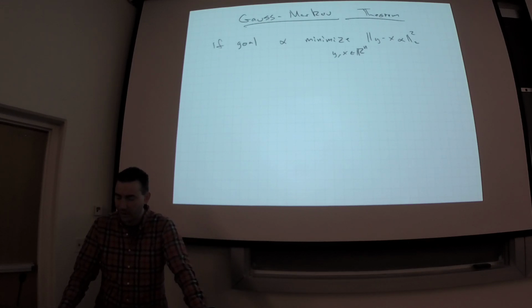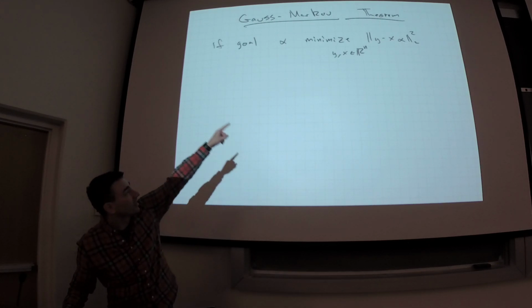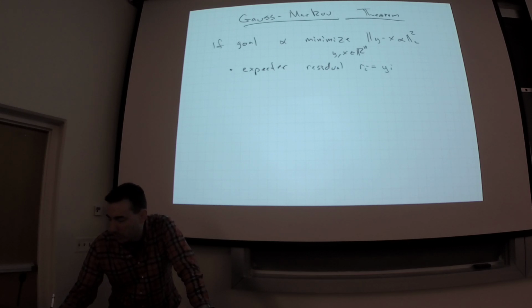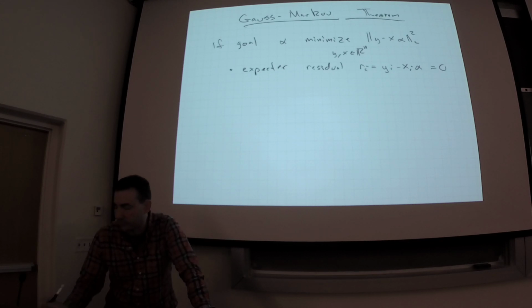Let me just write this down. If the goal is to minimize this, and I want the expected error, or I want the expected residual Ri, which is yi minus xi alpha, to be equal to 0.